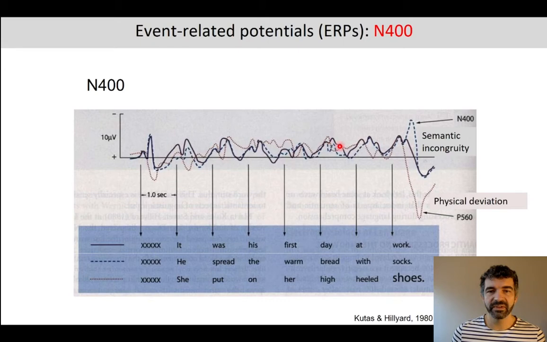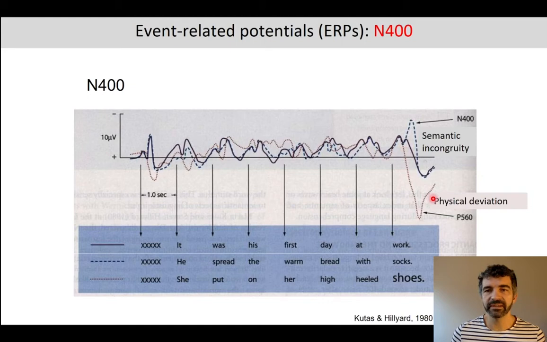Of course, this is a little bit all over the place because this is just random processing of different words. But the critical part is really the last word, because here we have a semantic incongruity or physical deviation compared to the standard, which is this black line here. So if there's a physical deviation, you can see this positivity.